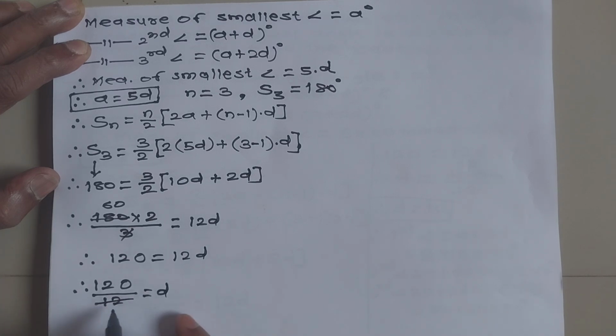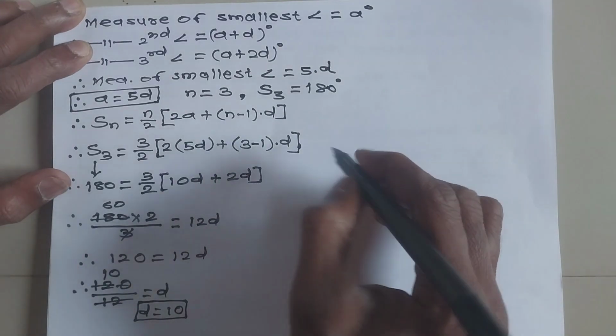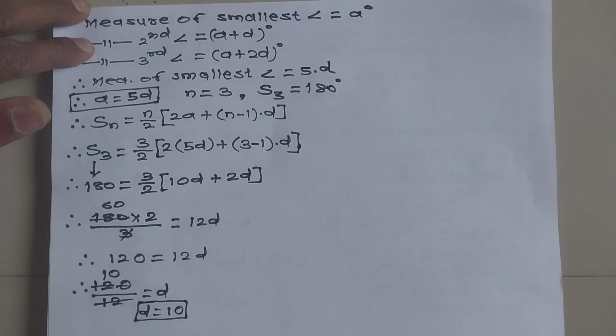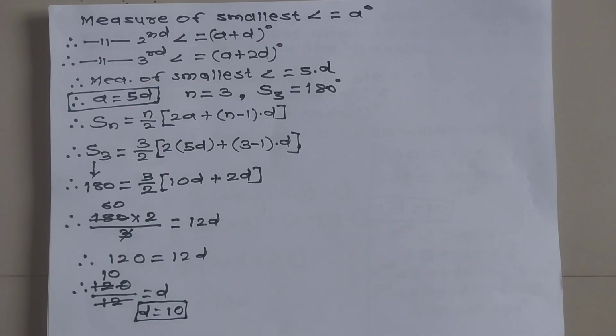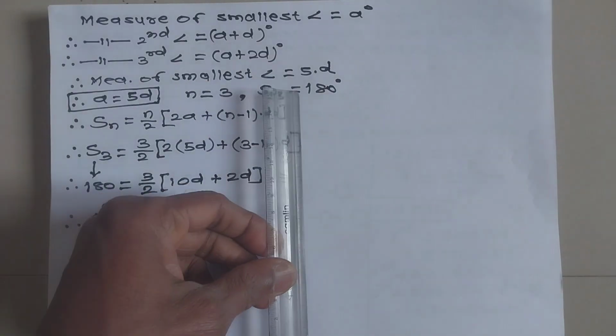So we divide here: 12 ones are 12, and this 0. Therefore, d is equal to 10. Now from this we will find the measures of angles of a triangle.